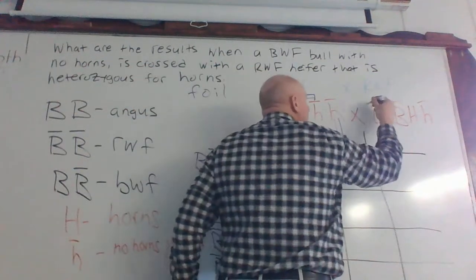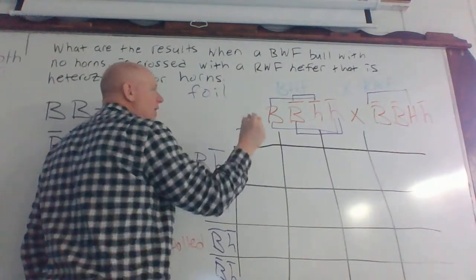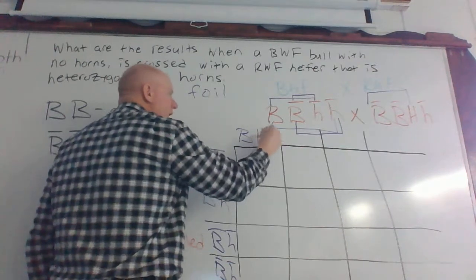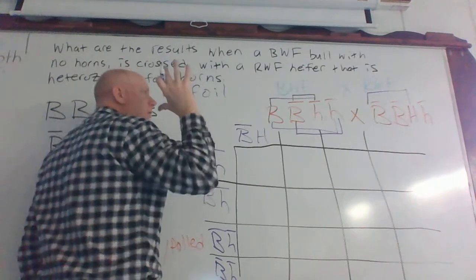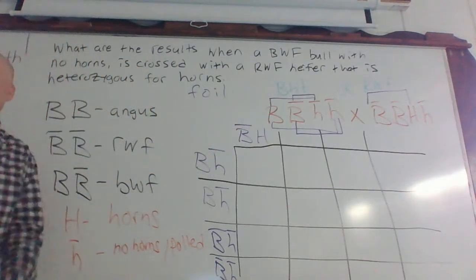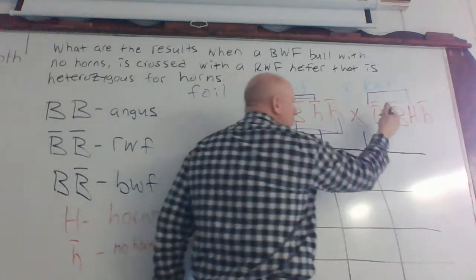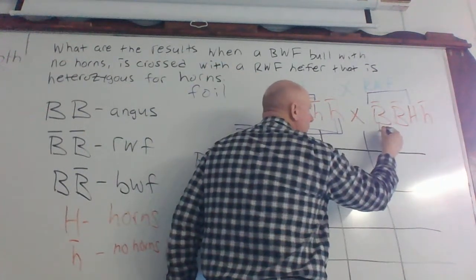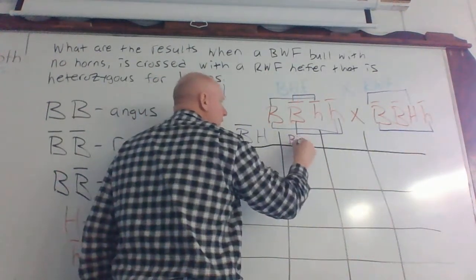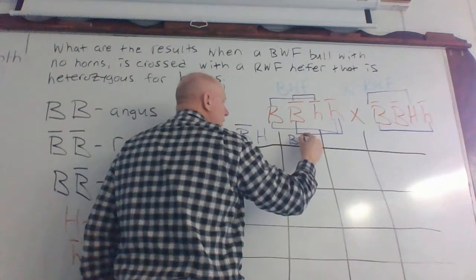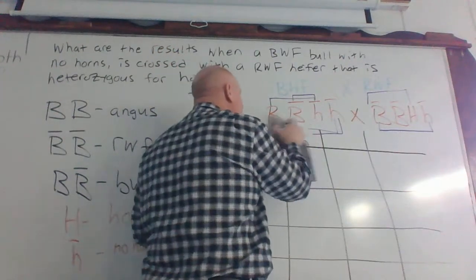First term. So what are we going to write? So capital B, and is there anything over this B? Yes. Okay. What are your outside terms? Capital B and lowercase h all the way to the outside. Capital B, lowercase h. It's probably getting to be a little congested here.